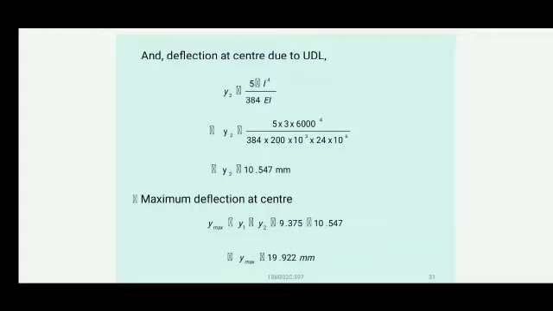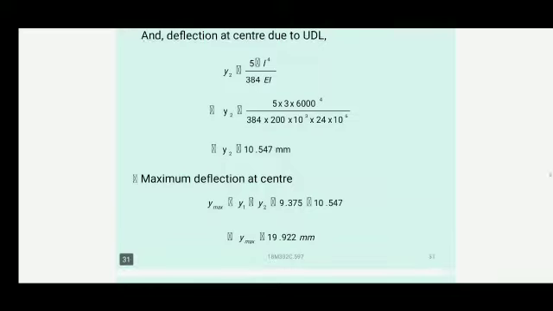So the maximum deflection at center, y maximum, is equal to y1 due to effect of point load plus y2 due to effect of uniformly distributed load. That is 9.375 plus 10.547, so y maximum is equal to 19.922 mm.